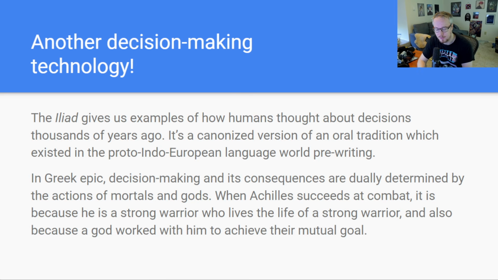And I mean similar not just thematically and plot-wise. I also mean similar structurally, because these were poems which were performed in meter.